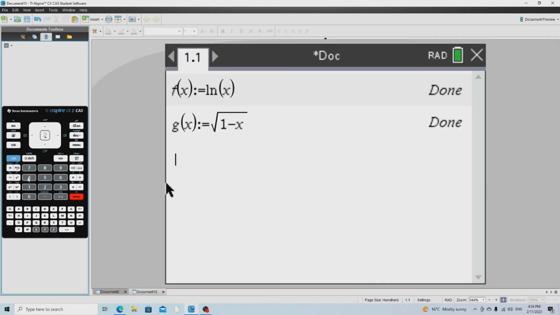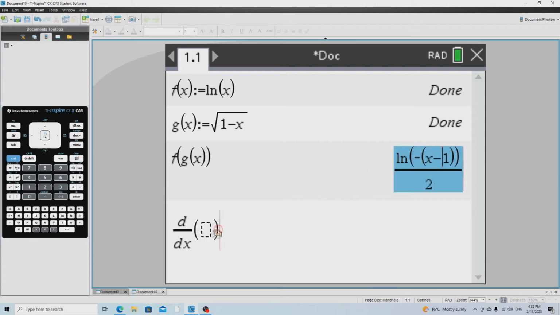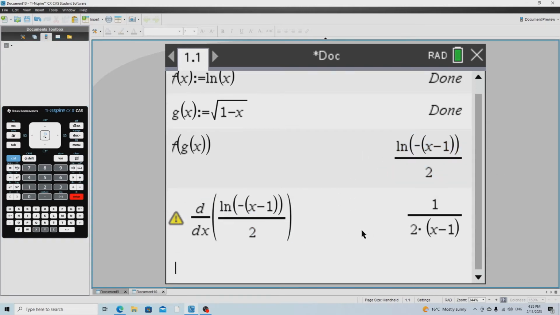Luckily, we don't have to deal with the domains because they are the implied domains, or the actual maximal domains. So for the domain of the derivative, what's f of g of x? We get this equation. Okay, and let's find the derivative of it. And we get this, and we can find the domain of this answer with respect to x.